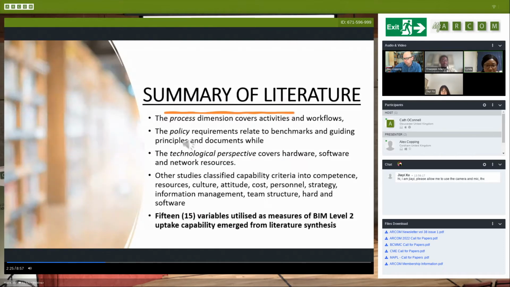It is worth mentioning that the measures or the variables for assessing capability span different perspectives, which include process, policy, and technological perspectives. All are considered in this study, and this resulted in the 15 variables synthesized from the literature.